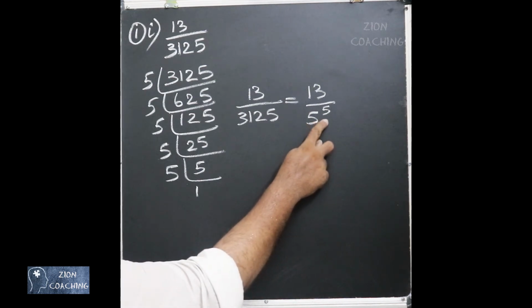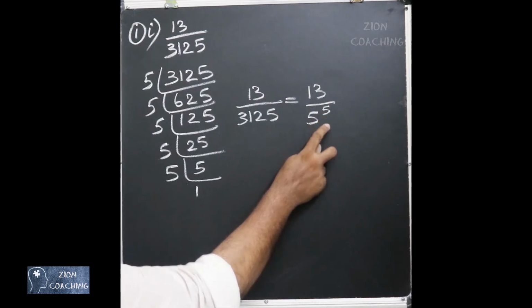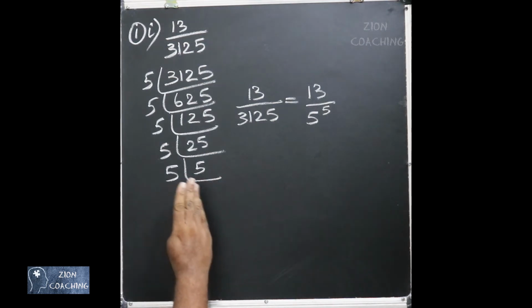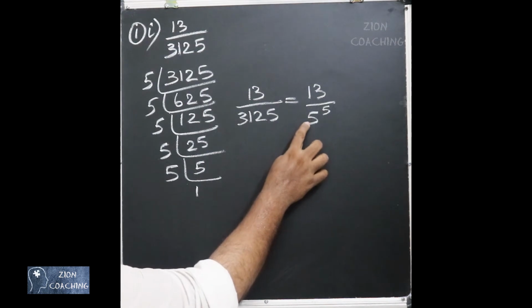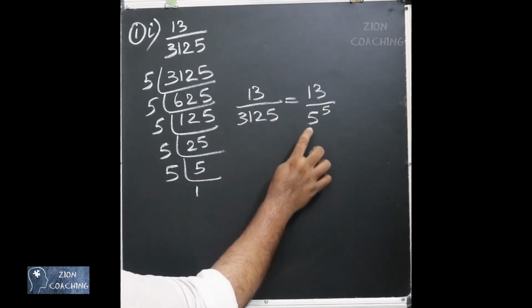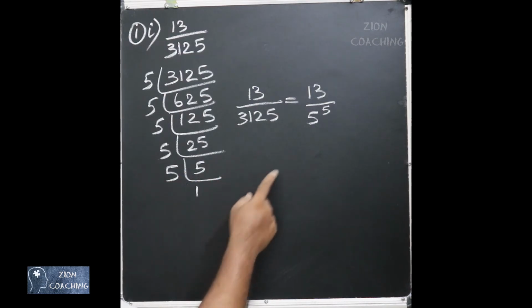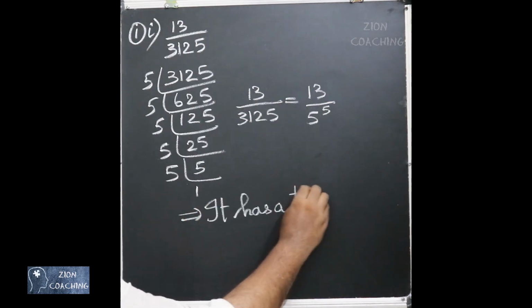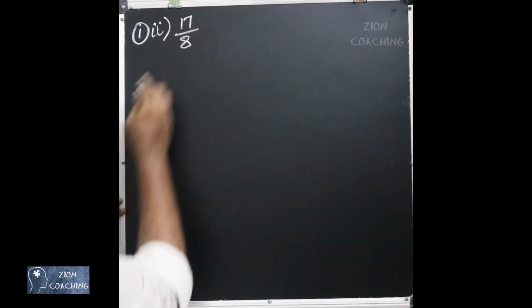In this question, you can see that you have only powers of 5, so you can say that it has a terminating decimal expansion.